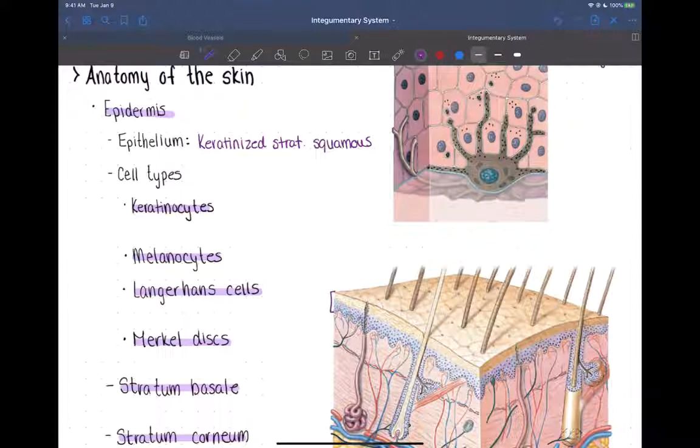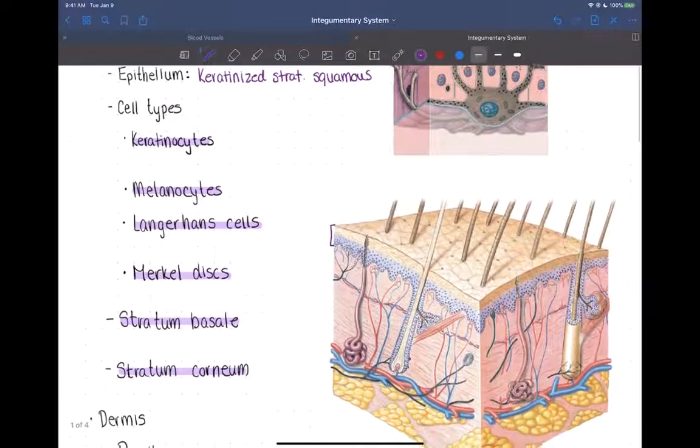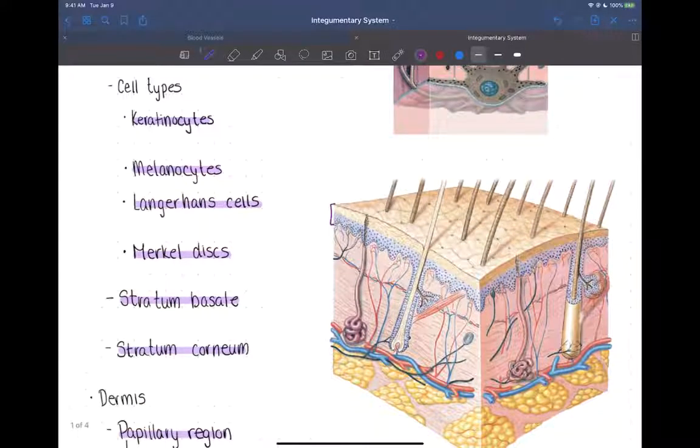All right, in addition to those epithelial cells, there's going to be a lot of other cells involved in that epidermis and that keratinized stratified squamous tissue. So let's talk about all the cells that we can find there. Our first type of cell is a keratinocyte.